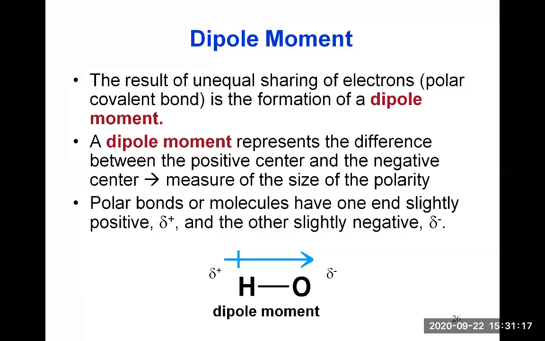And the pointed end of the arrow points towards the delta minus. That shows where the electrons are pulled more. So here, the electrons are pulled more towards oxygen, and so the arrow points towards oxygen. It points towards the most electronegative element between the two. So that represents the dipole moment.